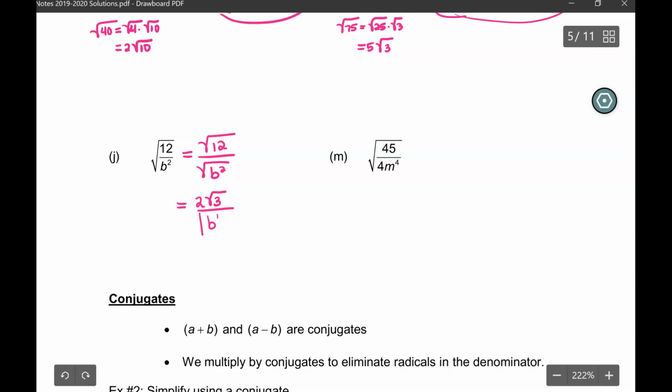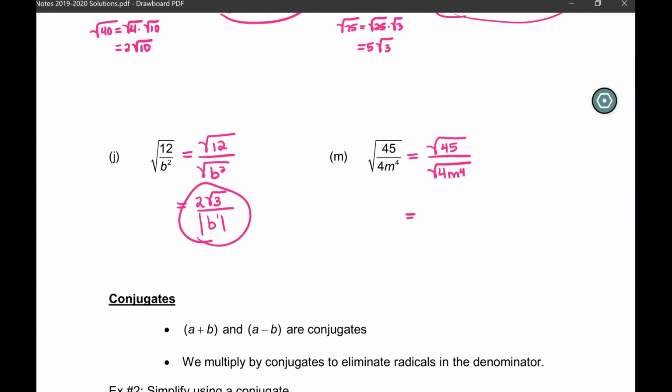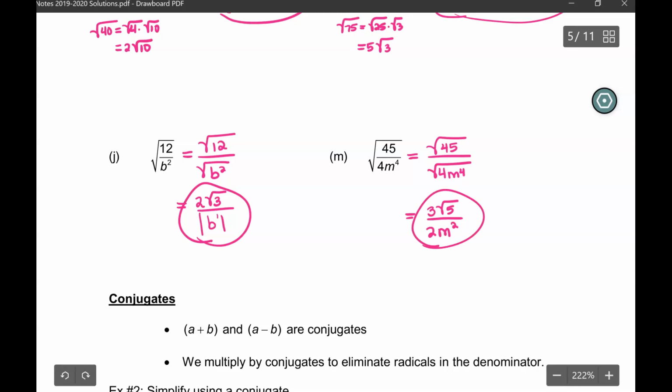That's odd, so I'm going to put it in absolute value. And so I'm going to divide it up into square root of 45, square root of 4m squared. Square root of 45, so that's 9 times 5. So square root of 9 is 3 with a square root of 5. And then I get 2 and m squared. I got an even answer, so I don't need an absolute value.